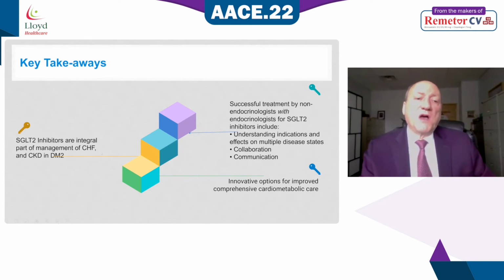So we have here a reminder on the left, the SGLT2 inhibitors are part of the management for CHF and CKD and diabetes, and even in patients who don't have diabetes, they can be useful there. Collaboration with endocrinologists and non-endocrinologists includes collaboration, communication, understanding the indications, and there are innovation options for comprehensive cardiometabolic care.